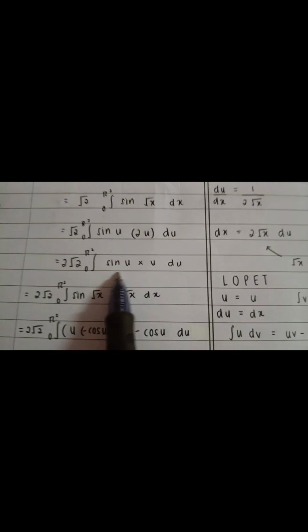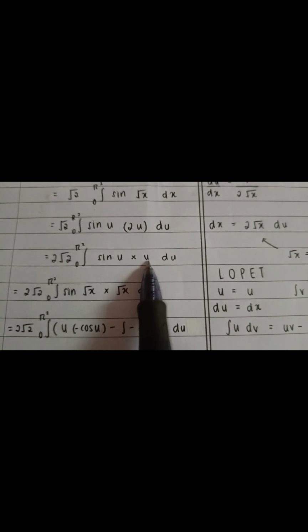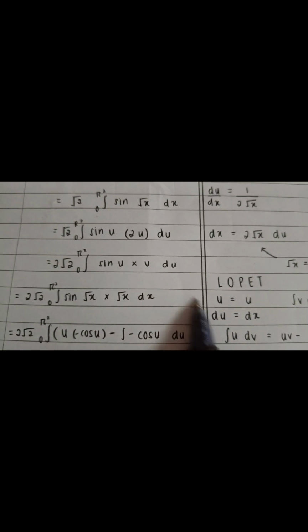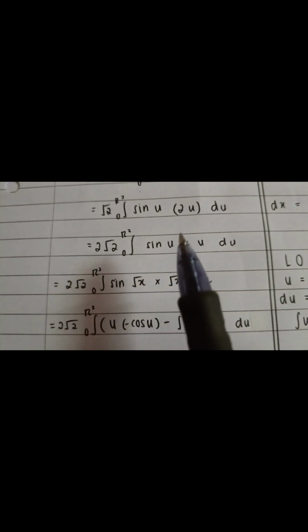So right now we have a trigonometric and also a normal function. So from LIATE, we're going to take the u, that will become u. Actually this is also equal to this, since u is equal to √x, but I will be leaving it in u so it will be easier to look at.